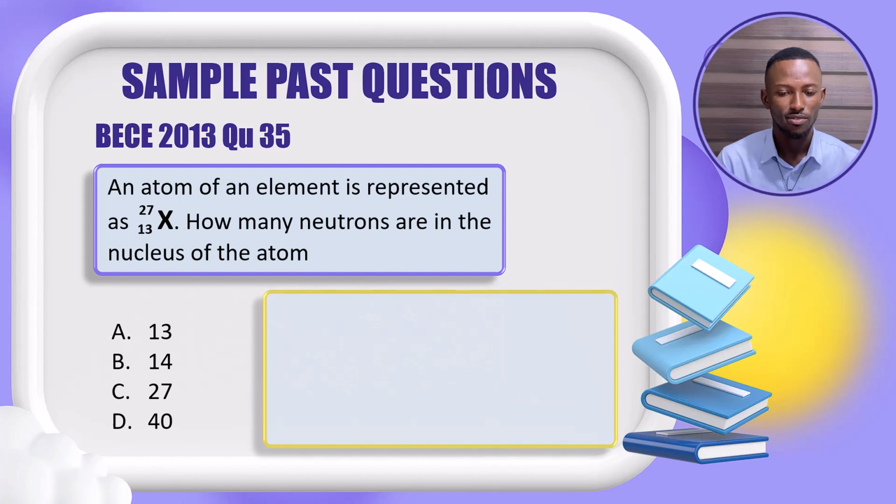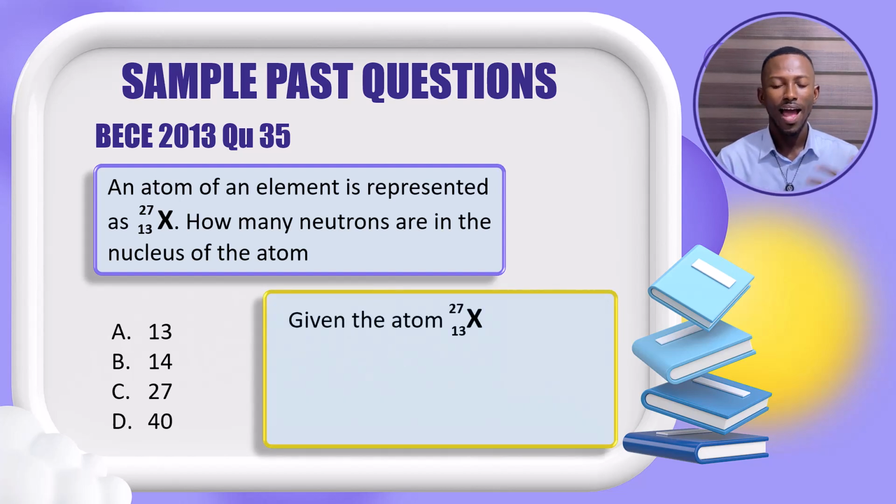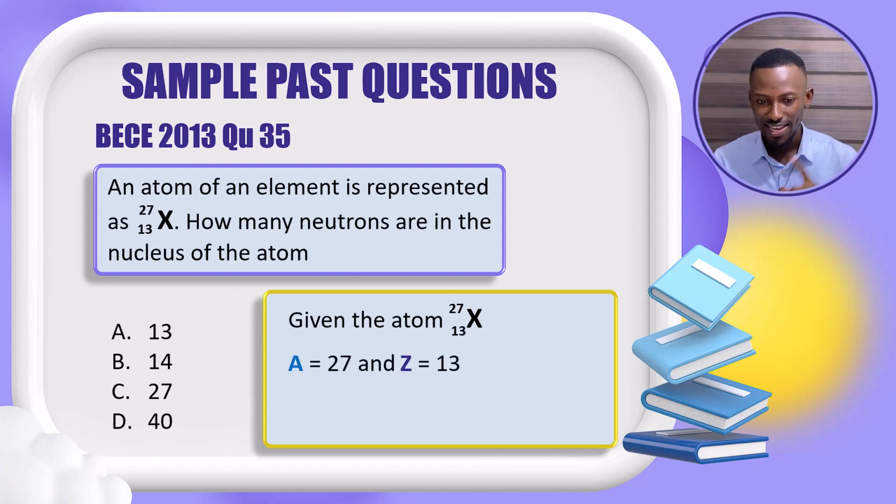So the atom given is X with subscript 13 and superscript 27. This means that A, the mass number, is 27, and Z, the atomic number, is 13. Mass number is proton plus neutron, while atomic number is proton. So if you subtract the atomic number from the mass number, we get the neutron number.